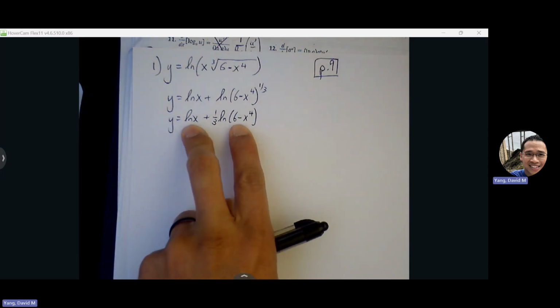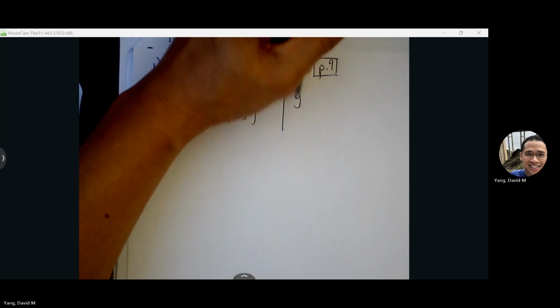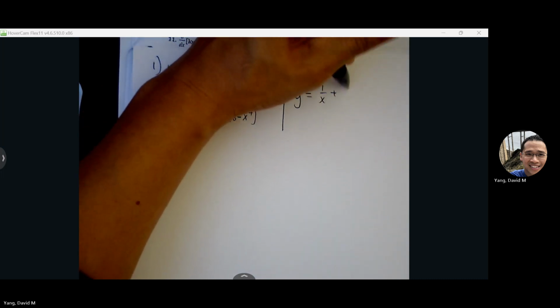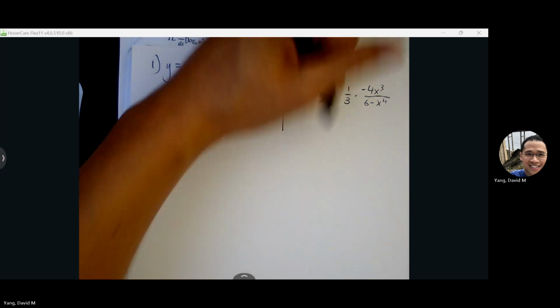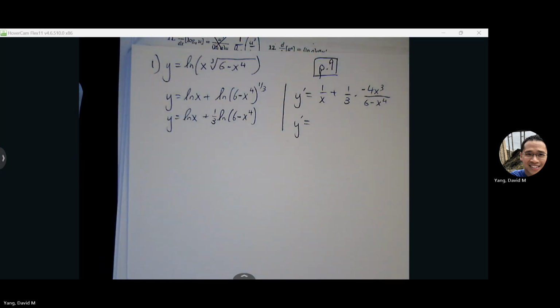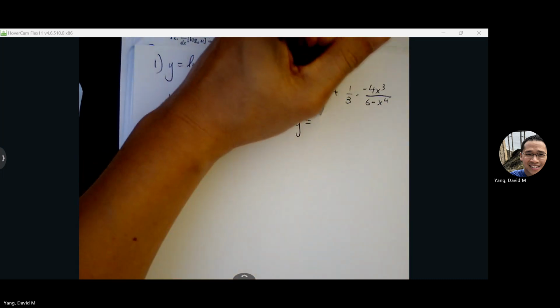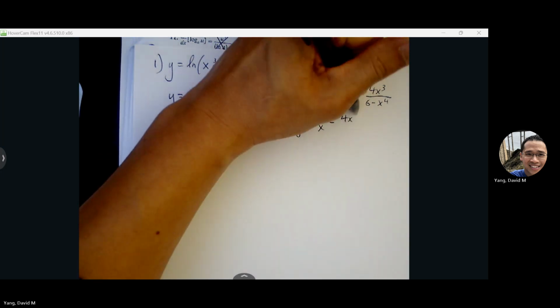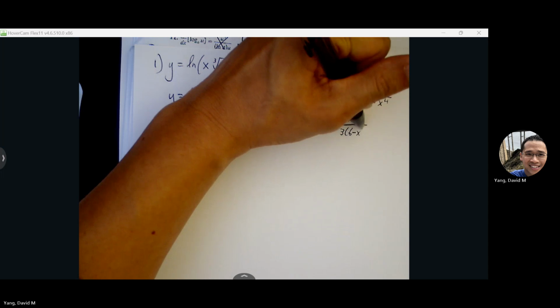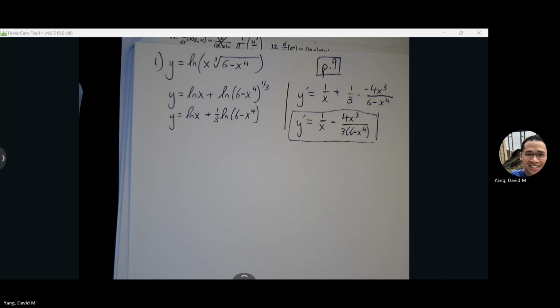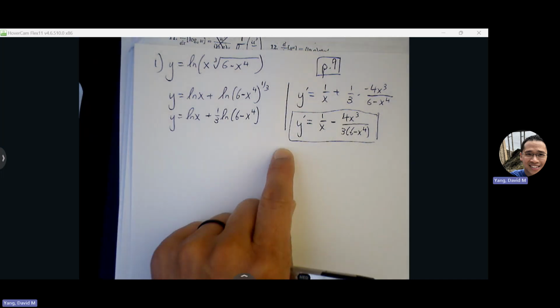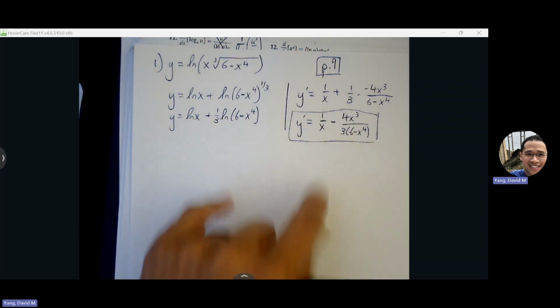Now our derivative rules are a lot easier. U prime over U for both these terms. The directions only say to expand, but let's just make these all derivatives since we're going to have to do that anyway.